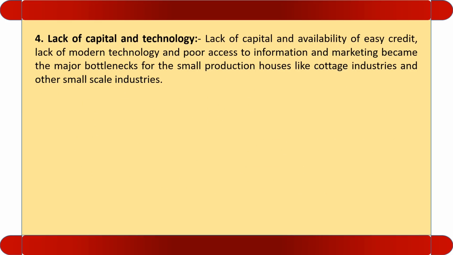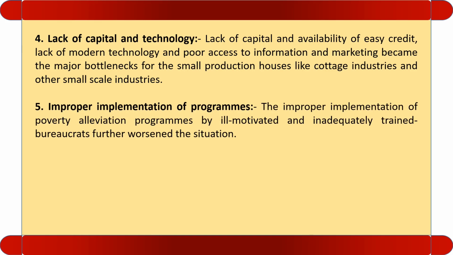Next is lack of capital and technology. Lack of capital and availability of easy credit, lack of modern technology, and poor access to information and marketing became the major bottleneck for small production houses like cottage industries and other small industries. Next is improper implementation of programs.